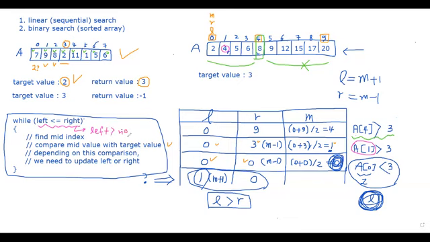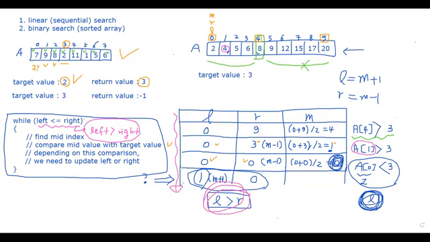Okay, so when this condition holds, left becomes greater than right, then it means that there is no target value in the array. Is it okay? So we know that there is no target value if this condition holds after this process.